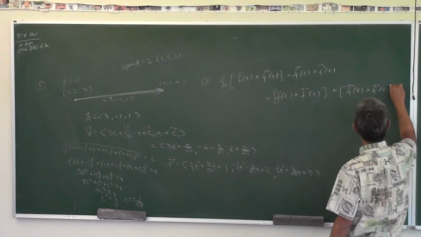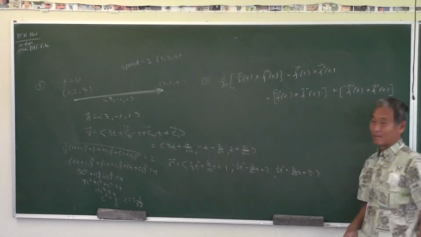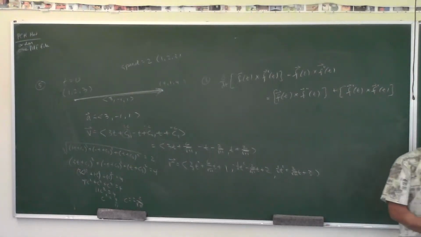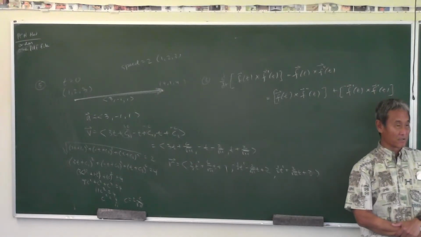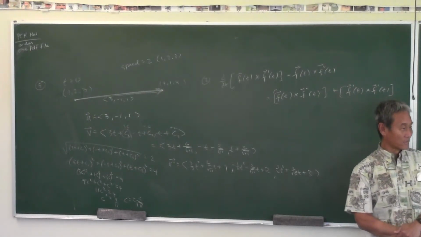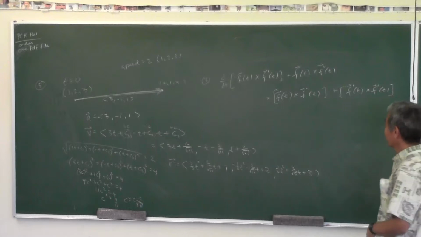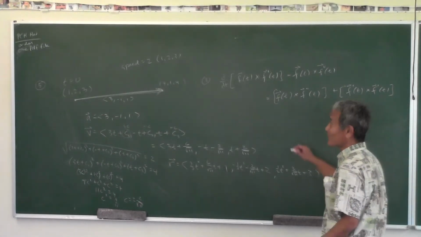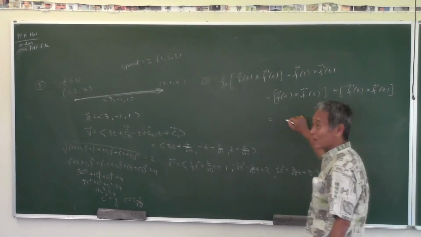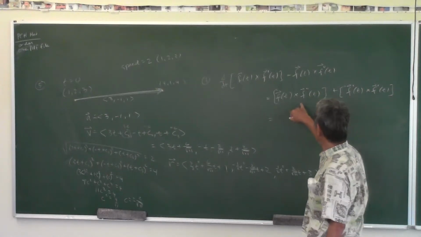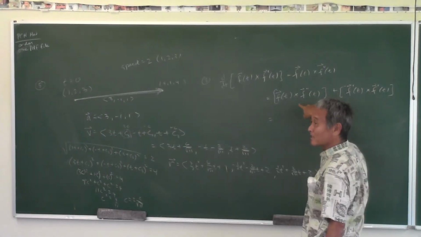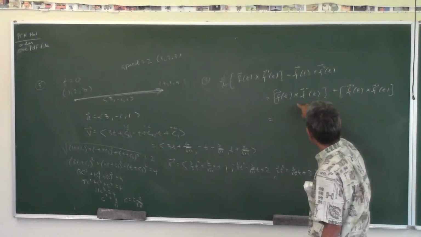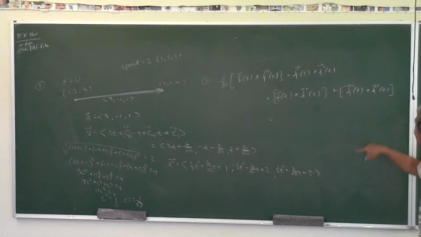Is there a proof for that? It might be in the book, or sometimes the book says the proof is beyond the scope of this course. Okay, what are we trying to prove? We're trying to prove that it's equal to just this one over here, which means this one has to be 0. If you have any vector and you cross it with itself, isn't that 0?